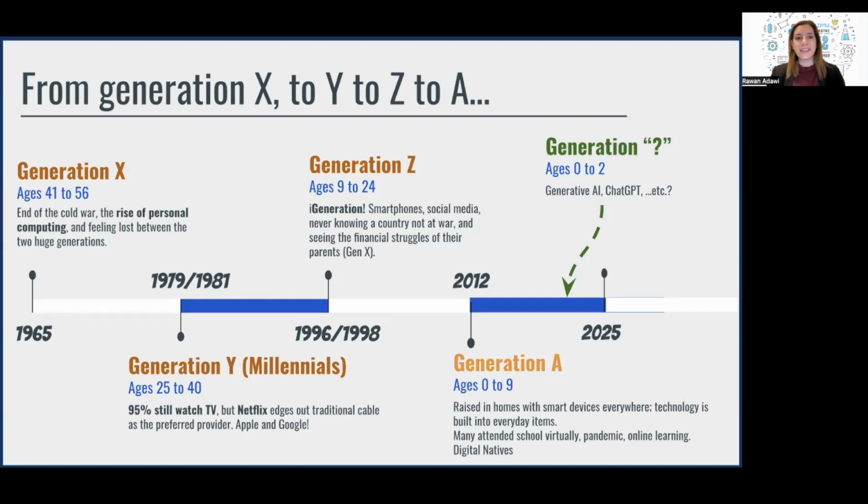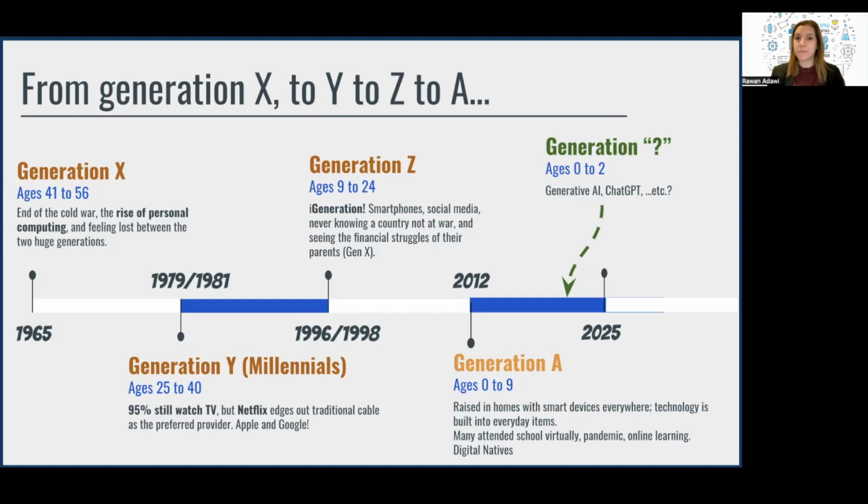So as a beginning, I wanted to look at this diagram that shows the different generations on this timeline. I belong to the millennials generation, which is Generation Y. And I'm currently teaching Generation Z and Alpha. And I added to this timeline a new generation, which I don't know what would be the letter for it.